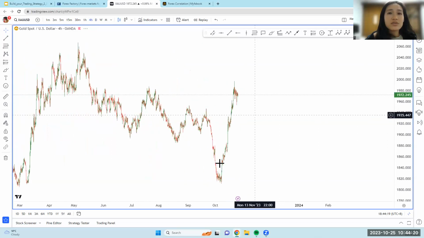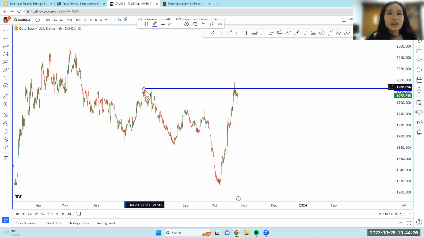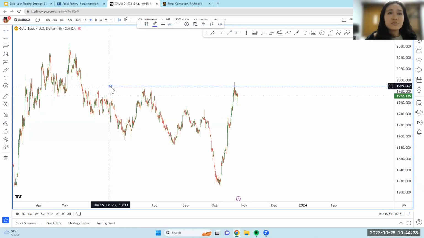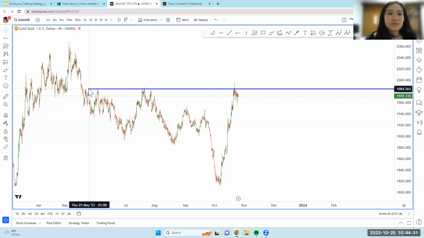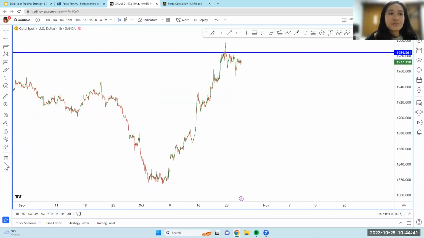Now on our 4 hour time frame, you can also see prices are really bullish. But there is a resistance level here that price is currently testing. Now our 1 hour time frame.